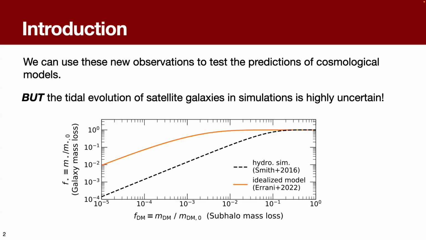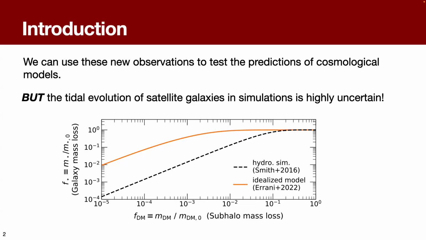And so what happens is, as your subhalo is orbiting its host, it's constantly losing dark matter. And for a while, the stars stay pretty intact. So this F star is 1 for a fairly long period of time, until you reach some critical turnover point, after which your stellar mass loss increases rapidly.